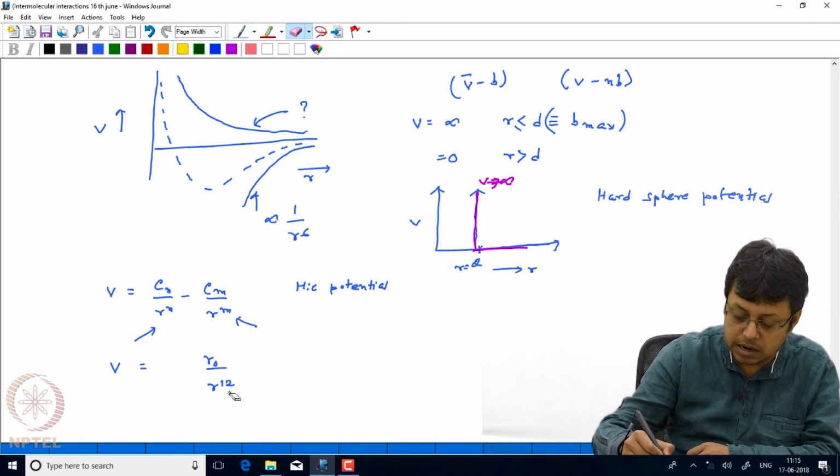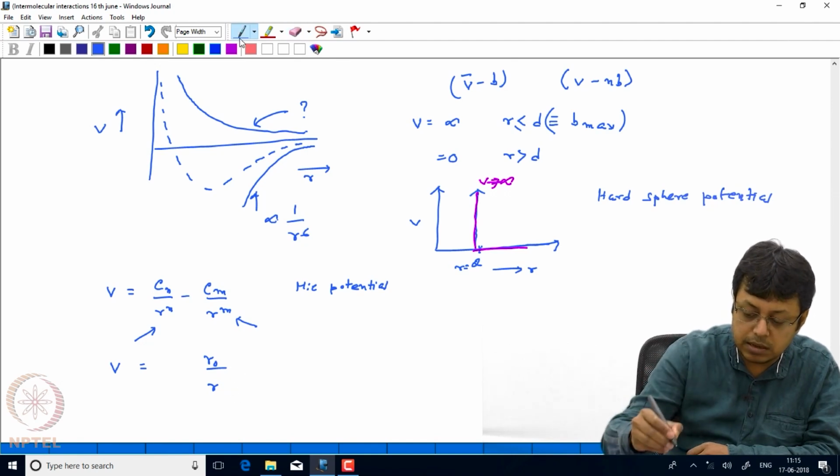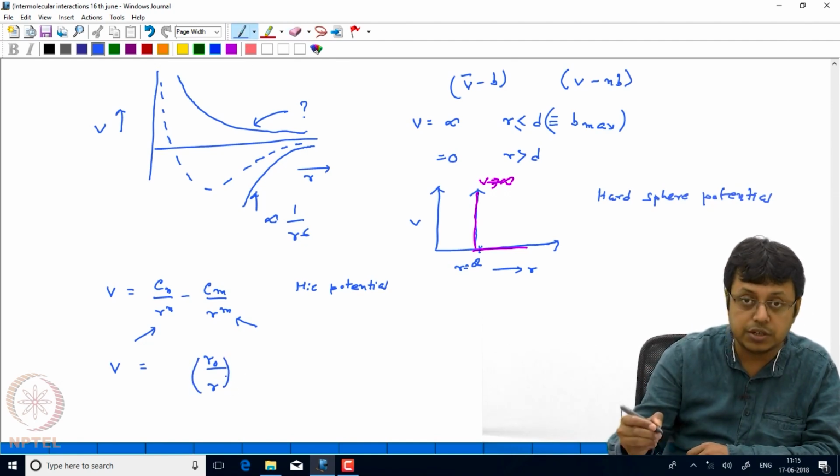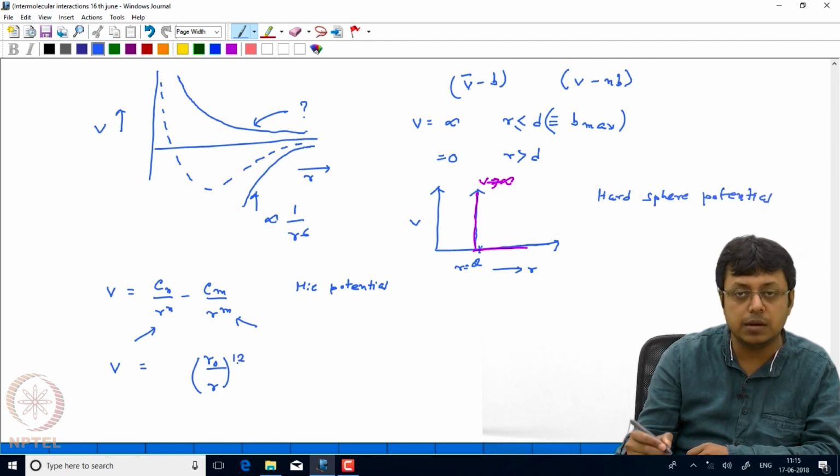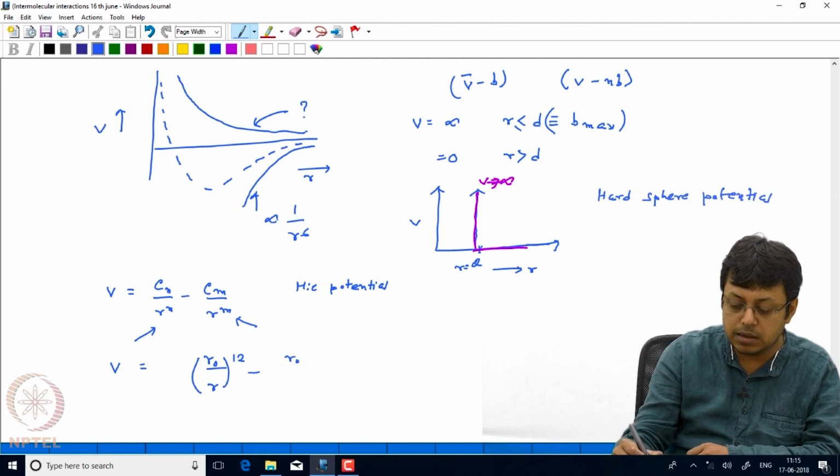What is r0? r0 is basically the distance at which the two potentials cancel each other, so that is the zero of the potential, and this is the repulsive part. The repulsion goes as 1 over r to the power 12, and the attractive part is modeled as 1 over r to the power 6.